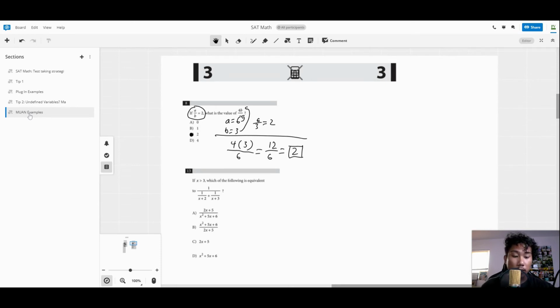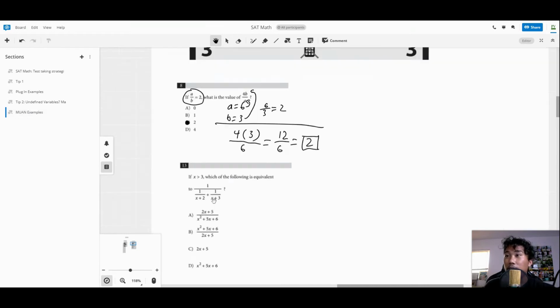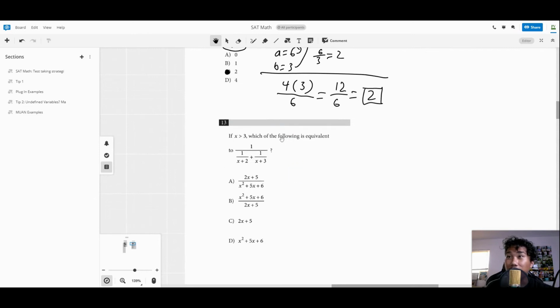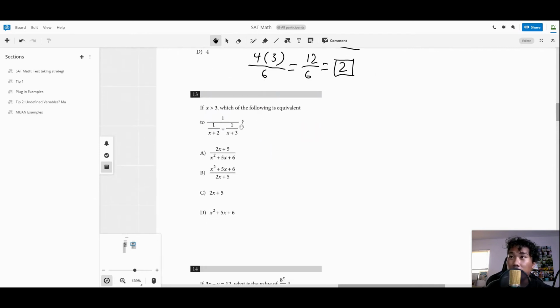So let's take a look at number 13. So if x is greater than 3, which of the following is equivalent to that expression, right? And as you can see here, this x has no specific value. There's no specific value for x, and it's not found in the question. It's not found in the answers, right? The only constraint telling us what x could be is in this very first part of the question, if x is greater than 3, right?